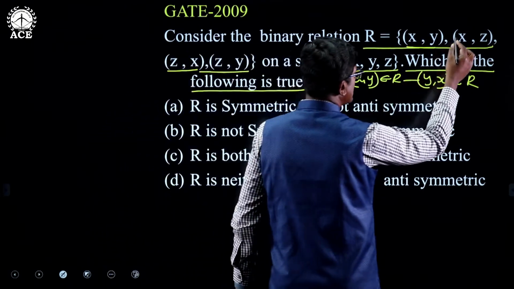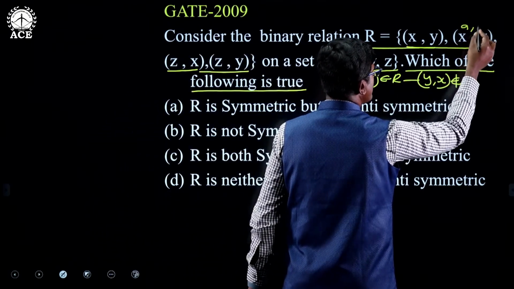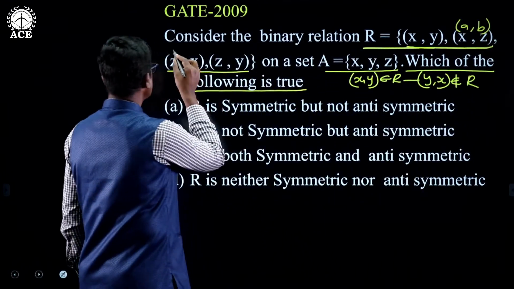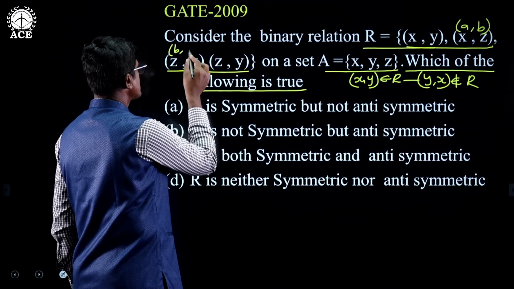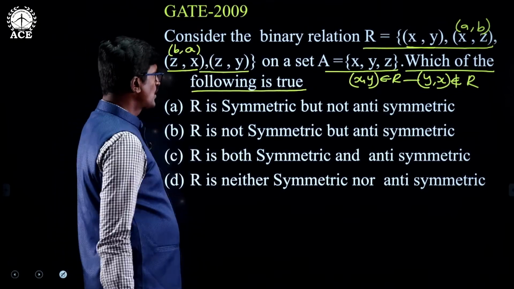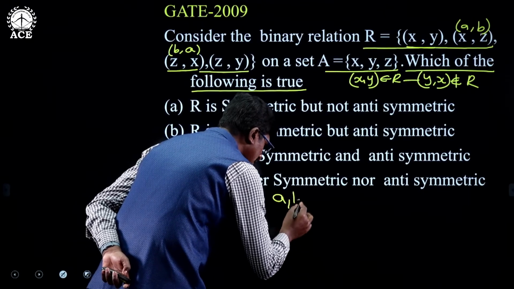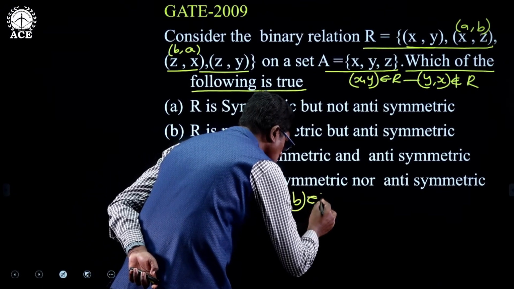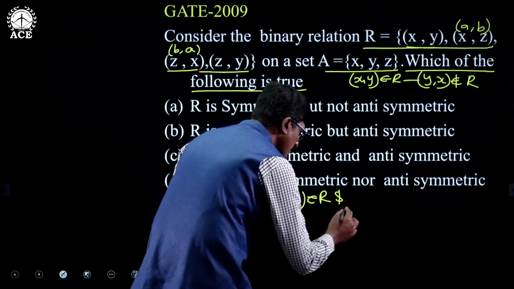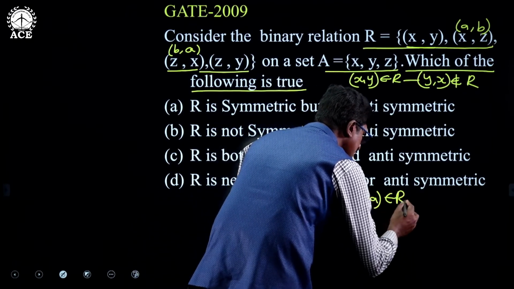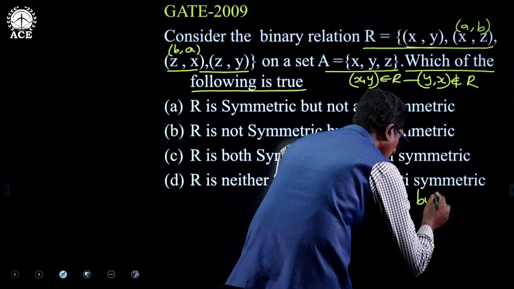Look at here, this is like (A,B), and this is like (B,A). So in the given relation, (A,B) belongs to R and (B,A) belongs to R, but A and B are not equal.